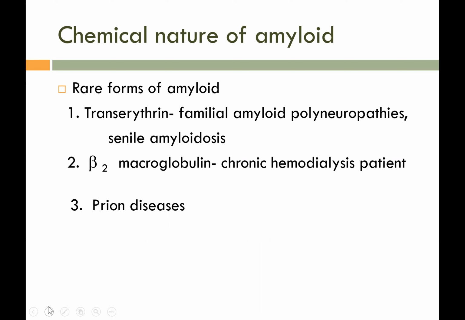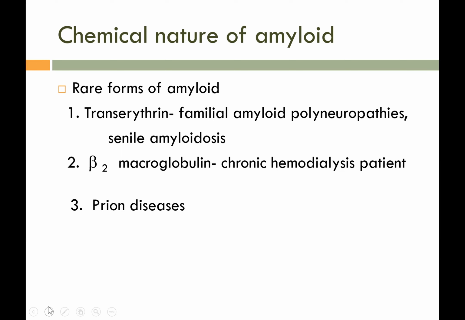It is a component of MHC class 1 and a normal serum protein. It often deposits among patients on long-term hemodialysis. And the third, in a minority of cases, is prion diseases in the CNS, where the misfolded prion proteins aggregate in the extracellular space and acquire the structural and staining characteristic patterns of amyloid.